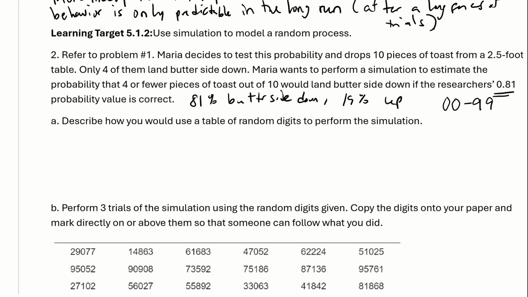We're going to say let 00 to 80, that's 81 numbers, equal butter side down, and 81 to 99, that is 19% of the numbers, equal butter side up.